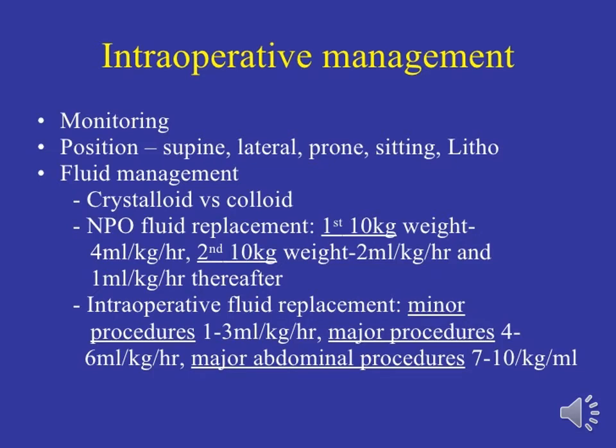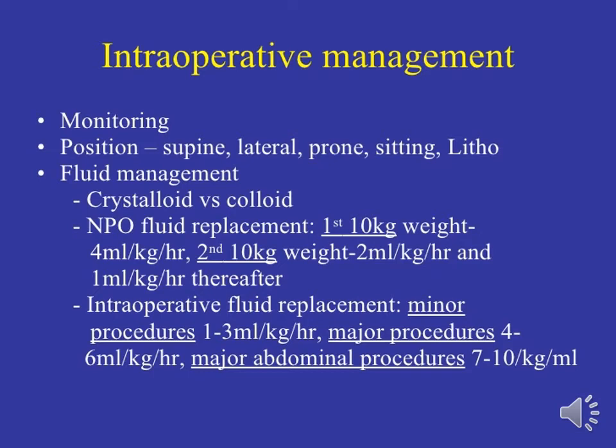During operation, intraoperative management. First, monitoring of vital signs. Second, position: supine, lateral, sitting, and so on. Then fluid management, like giving crystalloid and colloid, and nil by mouth fluid replacement.